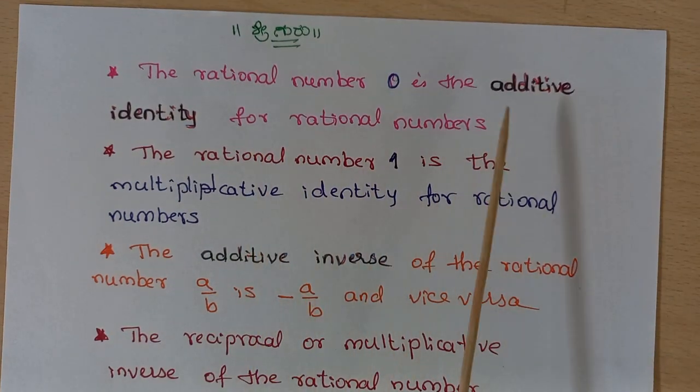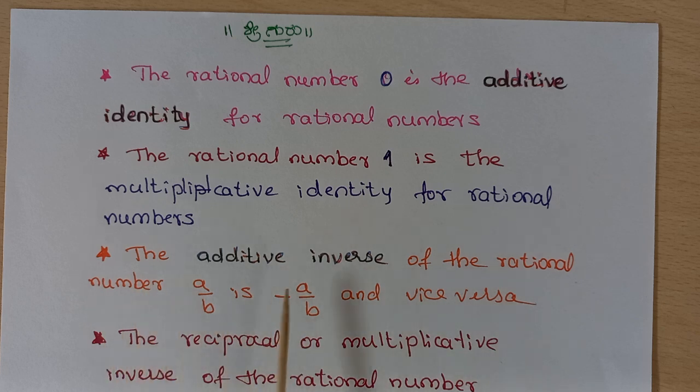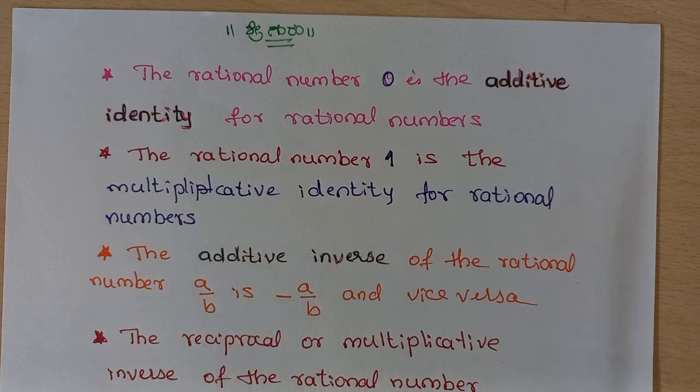Then the rational number 0 is the additive identity for rational numbers. The rational number 1 is the multiplicative identity for rational numbers. The additive inverse of the rational number a by b is minus a by b and vice versa. Here simply change the sign of the given rational numbers to get the additive inverse.